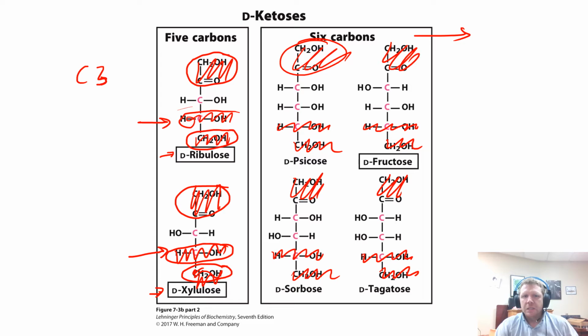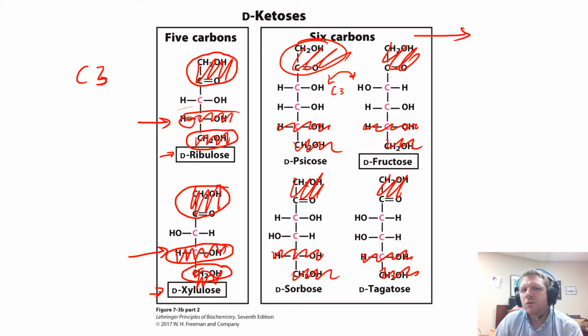Now, D-psicose and D-fructose, how are those 2 sugars related to one another? They are C3 epimers, because carbon number 3 has the only variation there. Okay, now if you remember, we talked about fructose as basically the ketose form of glucose.